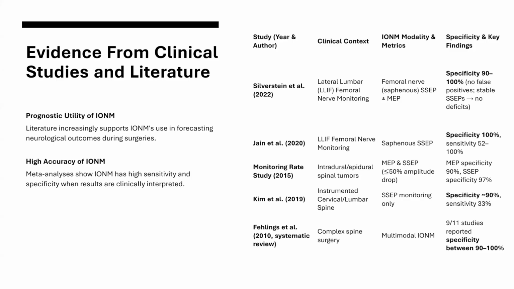And that really depends on the tests that we're running. Not every test monitors for every deficit. So for example, you could have motor changes that are not detected by the sensory tests, so that would limit the sensitivity of our sensory tests. Or you can have changes to your autonomic nervous system, which we're not monitoring.